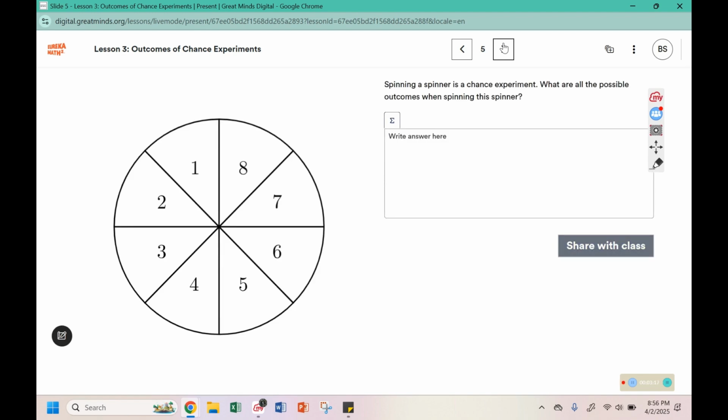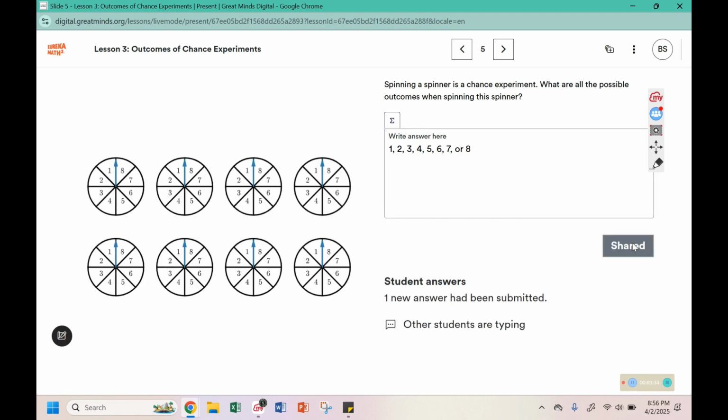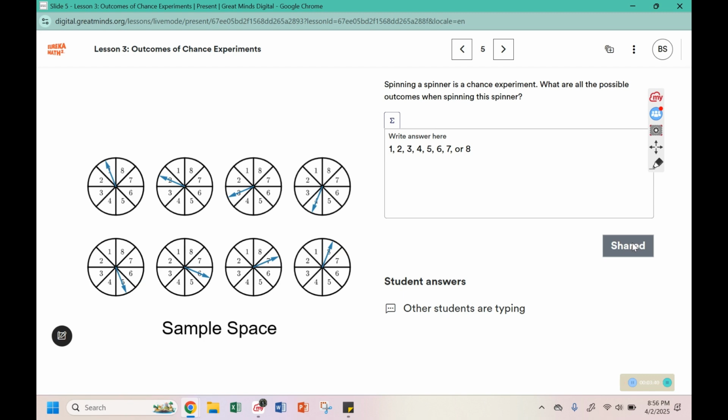Spinning a spinner is a chance experiment. What are the possible outcomes when spinning this spinner? You could land on a 1, 2, 3, 4, 5, 6, 7, or you could land on 8. The list of all the possible outcomes is called the sample space.